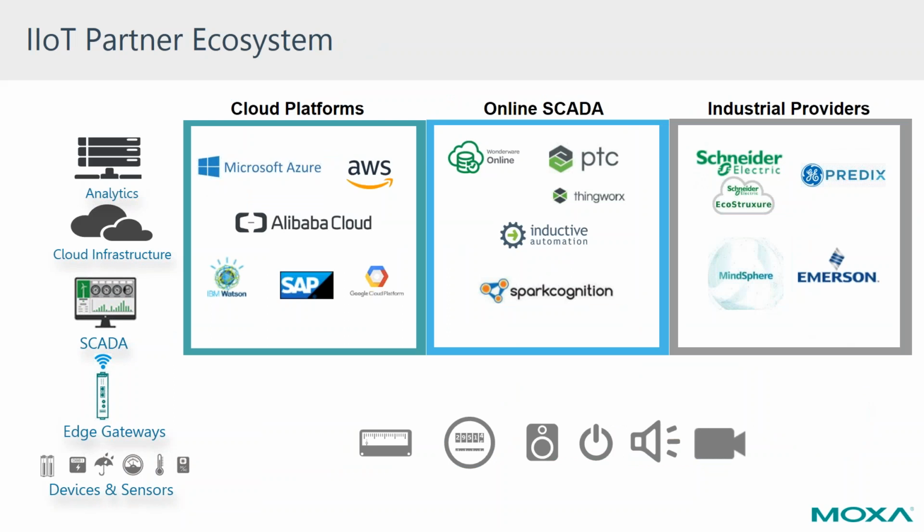If we look one step further, we start to outline the partner ecosystem, and this is where Robert Jackson has the role within Moxa as our global IoT partner manager. But even when we look at partners in the ecosystem, we try to categorize those different partners because there's a lot of different pieces to these solutions. On the left-hand side, you see cloud platforms. I think this one is probably the most well understood.